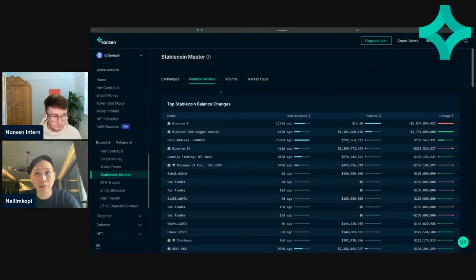One is to off-ramp, convert it to fiat, and the other is they are ready to convert it to some other assets, basically going risk on. So once you see that transaction, you can set a smart alert on that particular entity to see if they receive any other tokens right after the transaction you have spotted. Yeah, and we'll cover smart alerts maybe later as part of the other plans.